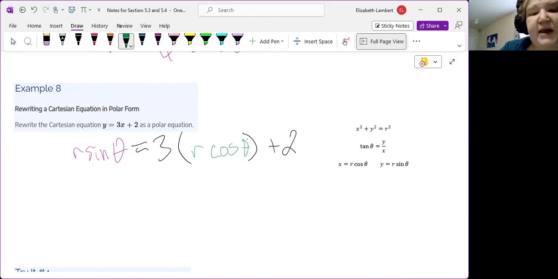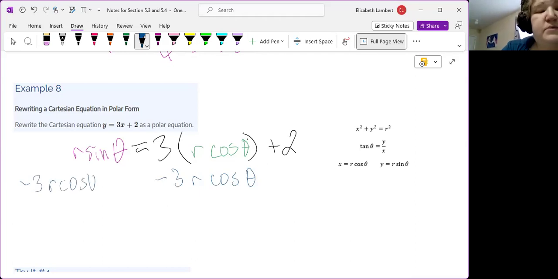I'm going to take my 3r cosine theta and subtract it over. Both of these terms on the left have r's, but otherwise they are not like terms. Sine theta and cosine theta, there isn't some way to mush those together.